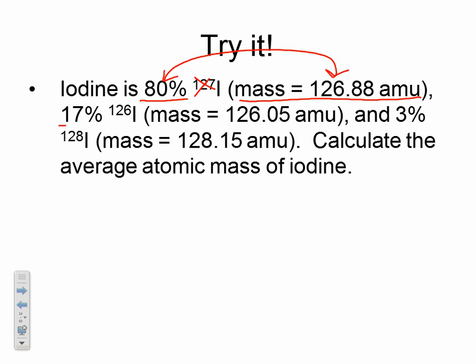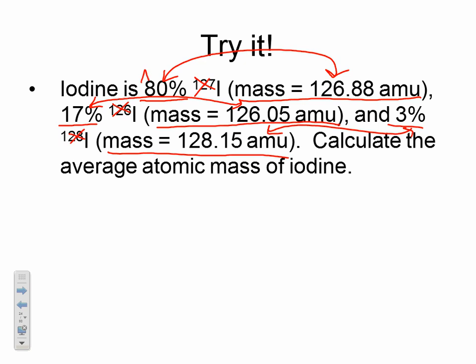And then 17% of this mass, again, let's use the more detailed one. So the 17% belongs to this second isotope. And 3% iodine 128. Again, let's use the really detailed mass. So that percent belongs to that number. Calculate the average atomic mass. So mass times percent divided by 100 plus mass times percent divided by 100.